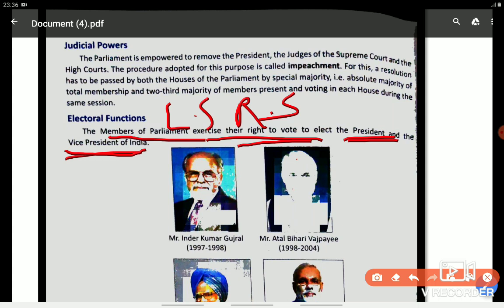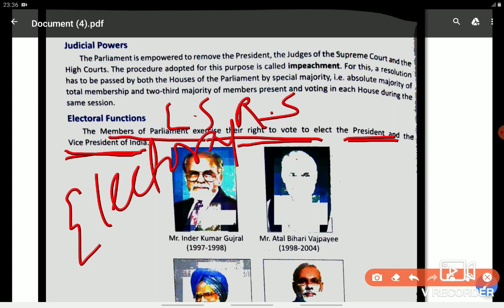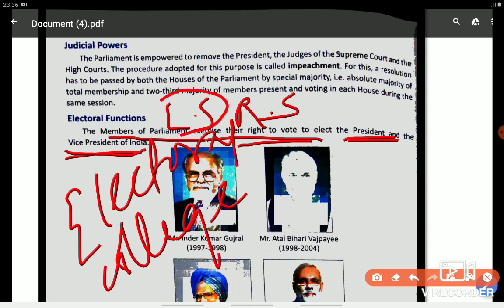So the President and the Vice President are indirectly elected by an electoral college. And who are the members of this electoral college? Lok Sabha members, Rajya Sabha members, and legislative assemblies of all states.